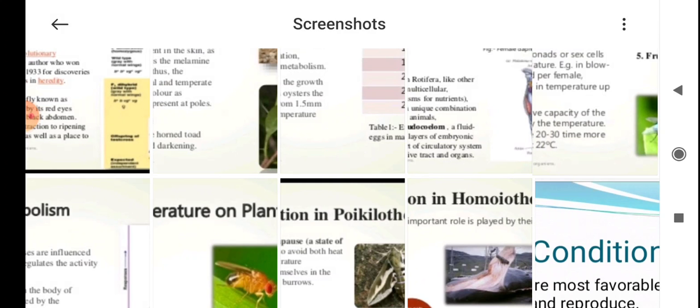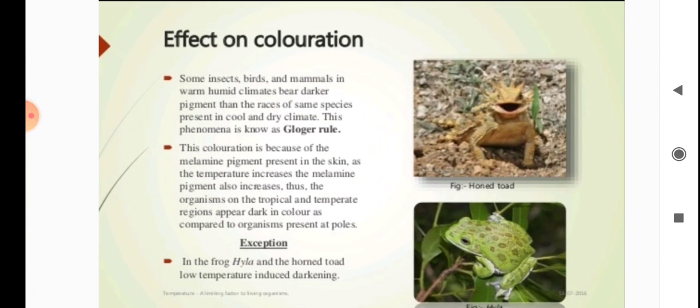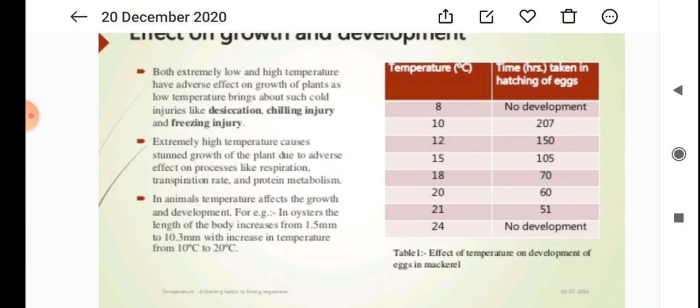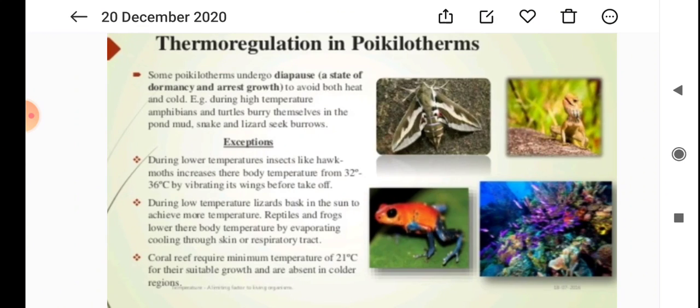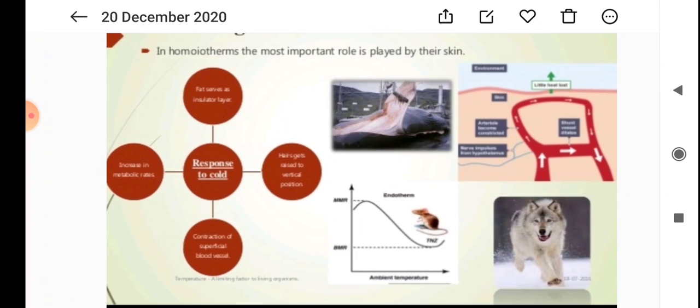The homeothermic animals are able to maintain the constancy of body temperature by a combination of several factors.